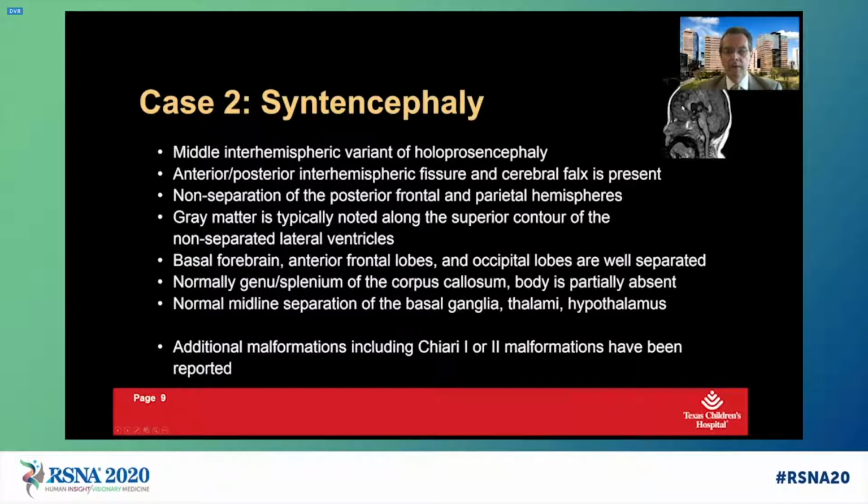The forebrain, the anterior frontal lobes, and occipital lobes are typically well separated. You have a normal genu and splenium of the corpus callosum, while the body, as mentioned before, is absent. And you have a normal midline separation of the basal ganglia, thalami, and hypothalamus. You may see additional information like Kim 1 or Kim 2.